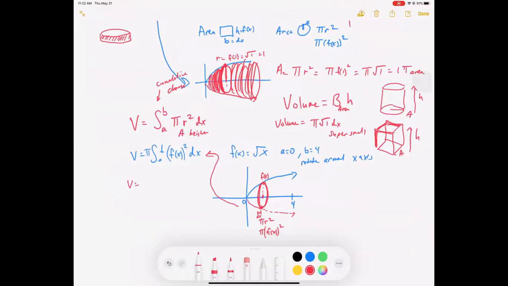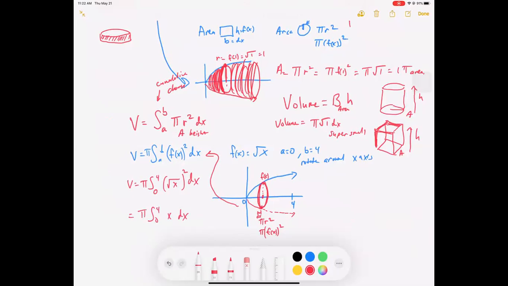So the volume is pi, because it's a constant, between a and b, which is 0 and 4. F of x, we said, was the square root of x, squared, dx. And all you do now is take the integral. That's a simplified integral. I can do something with a square and the square root. They cancel out, so it's pi, from 0 to 4 of x dx.